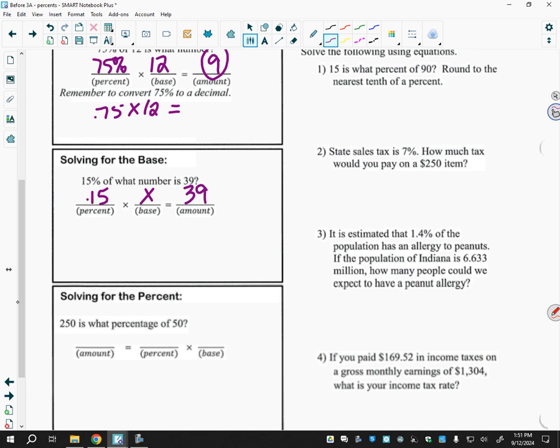But now to solve this, you would have to divide by 0.15. And I got 260. So 15% of 260 is 39.